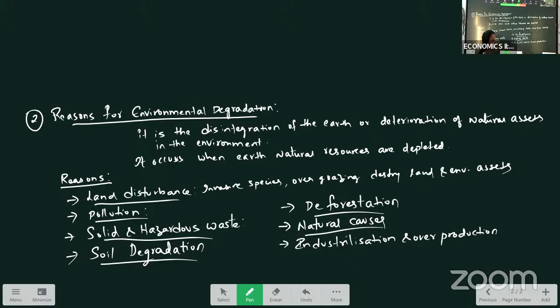Natural causes like earthquakes, tsunamis and all will degrade the environment. Industrialization and overproduction: with science and technology, excessive production, we are expanding our production activities where we are exploiting the raw materials and the natural resources, and industrial smoke and all are causing damage to our environment. So these are the reasons for environmental degradation. Why our environment is degrading.